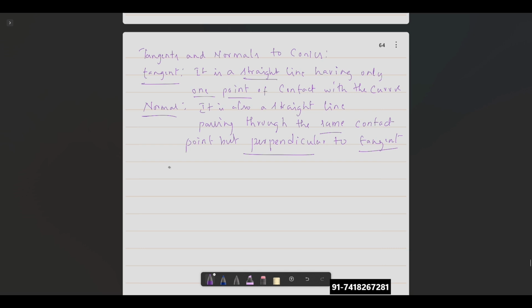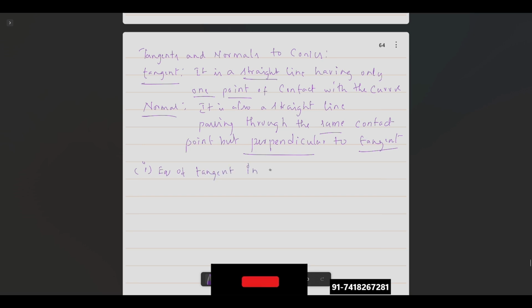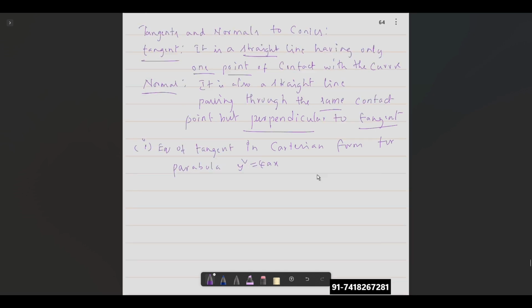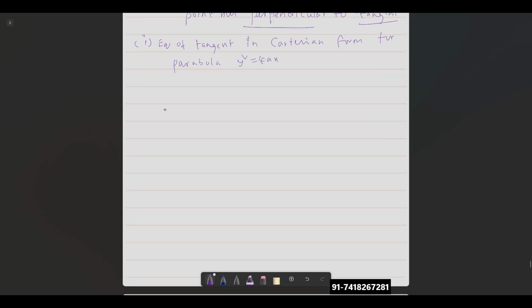So let us look into the first equation of the tangent in Cartesian form, for the parabola y square is equal to 4ax. So how does it look? This parabola will look like this.